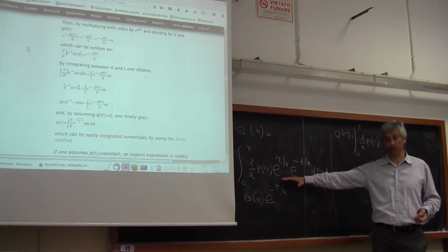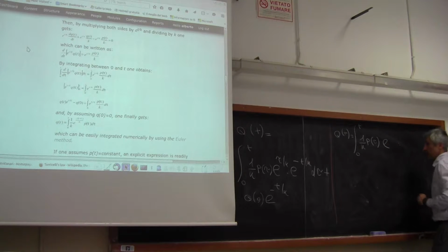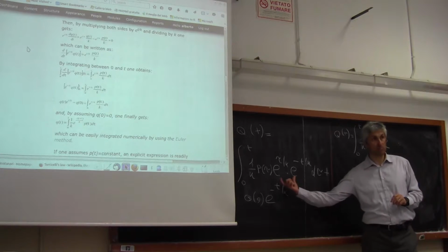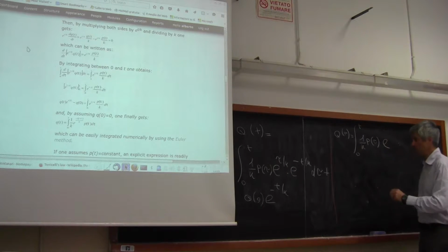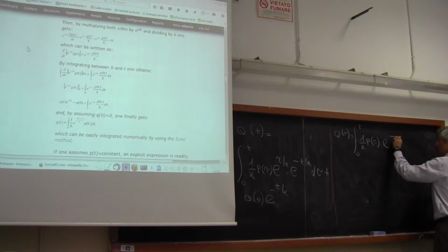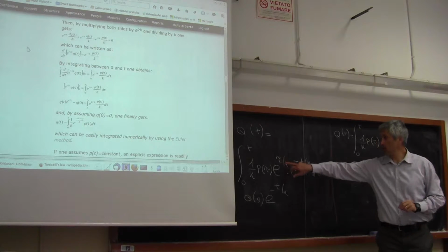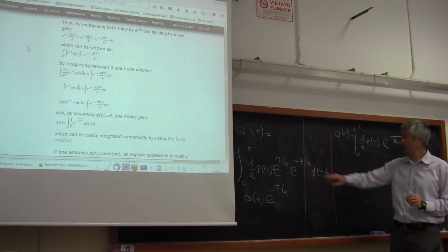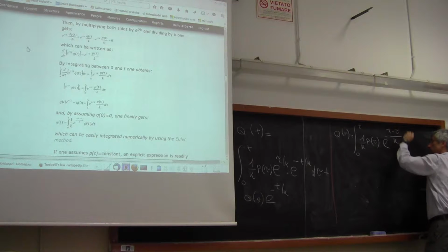So this product can be written by just one factor with the same base, and the exponent is the sum of the exponents. So basically the sum of the exponent is tau minus t.